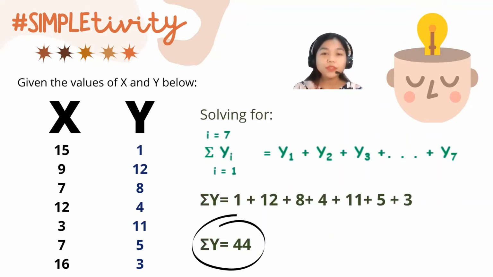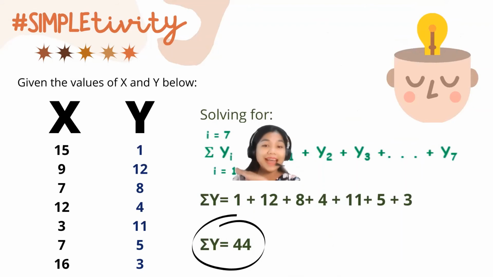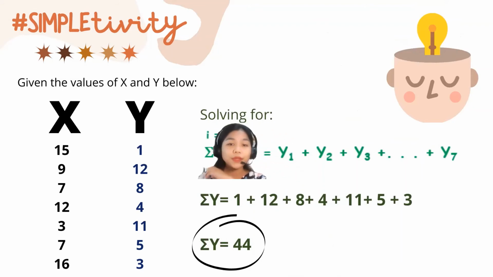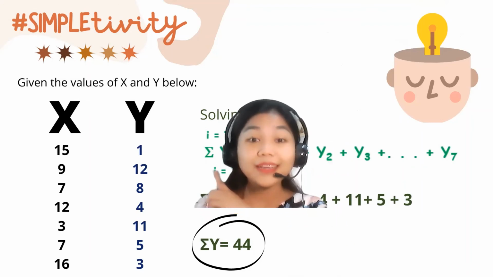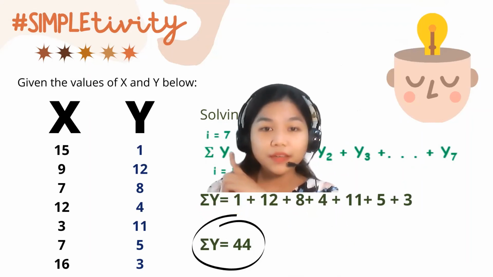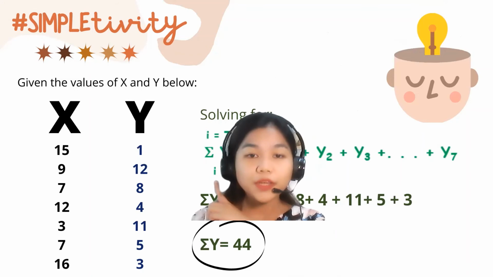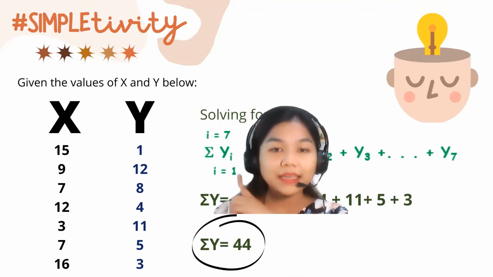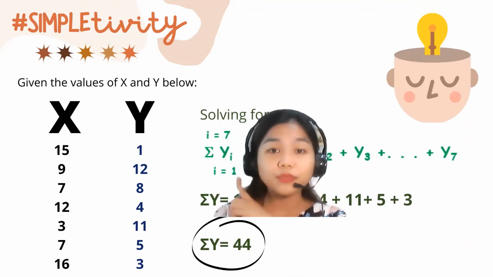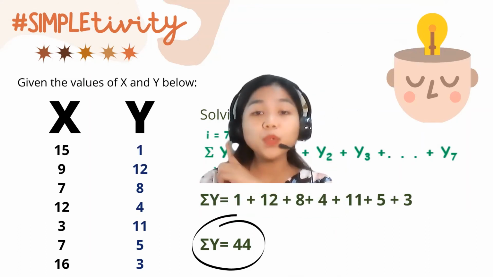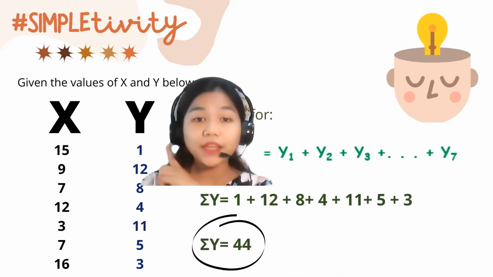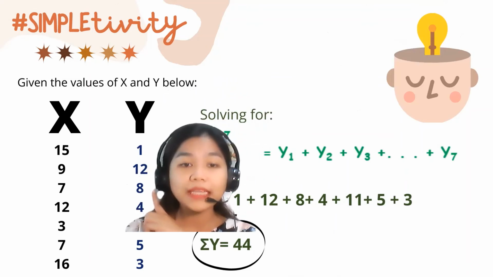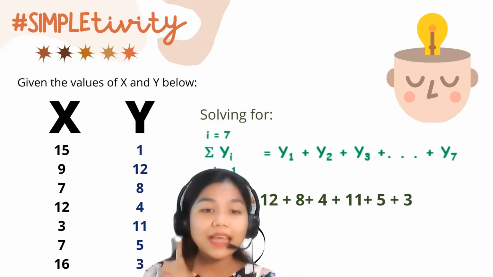How about computing for the summation of y? Again, here I use i as the index of summation. So we have here the sigma notation. The summation index, which is i, goes from 1 up to 7, the seventh value of y. So we have 1, 12, 8, 4, 11, 5, and 3, which is the last value.